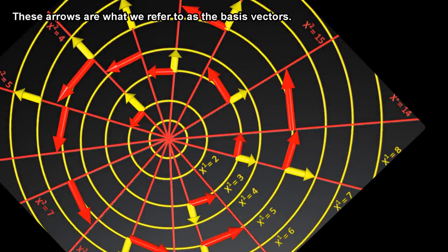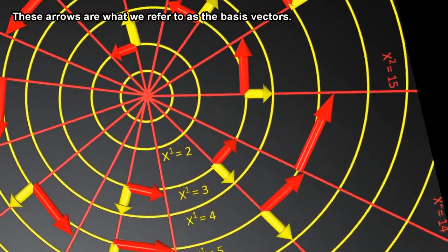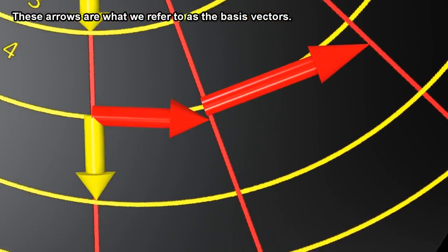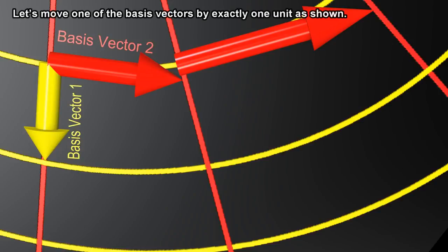These arrows are what we refer to as the basis vectors. Let's move one of the basis vectors by exactly 1 unit as shown.